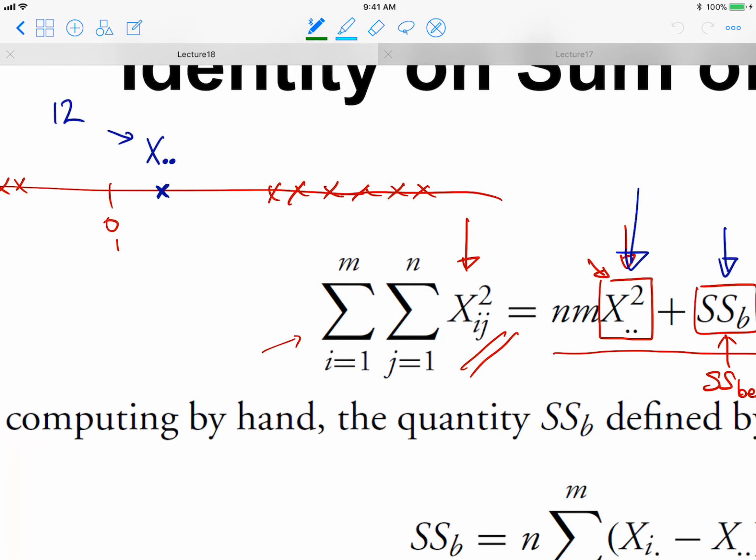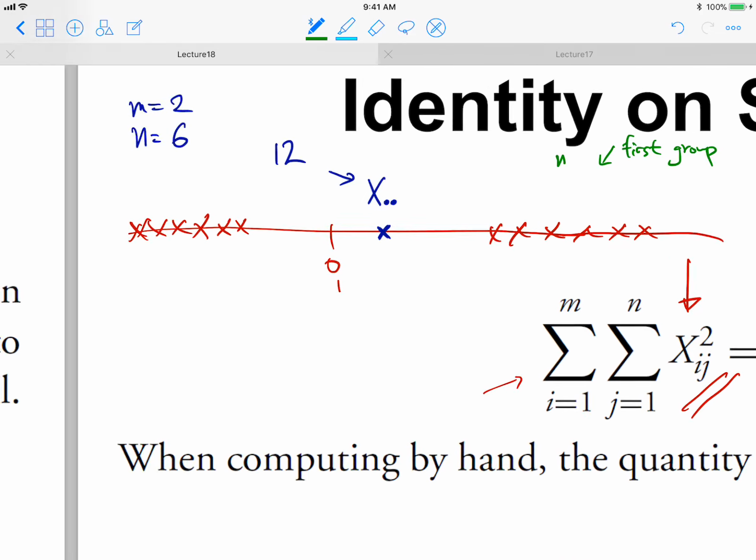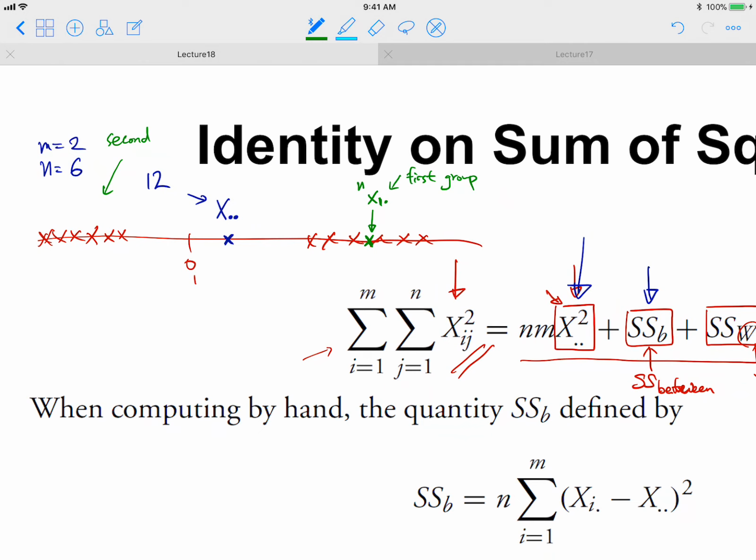So this one is the first group, and this one is the second group. Okay, the sample mean of the first group is obtained by taking the average of the first 6 observations, and this will be represented by x1 dot, and then x2 dot will be around here.